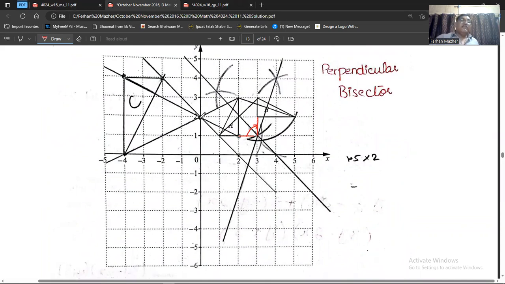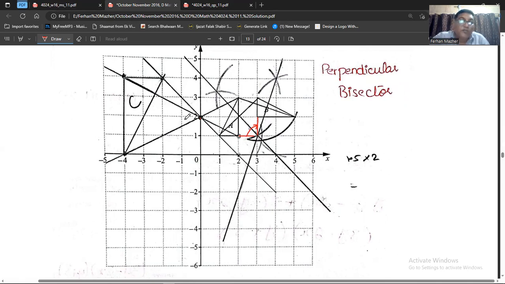So I will join this with the 3 vertices of triangle A. I will prolong these lines in both directions. I will prolong this line, I will prolong this line. I will check how much this distance is and multiply it by -2. With the help of a scale, I will check how much this is multiplied by 2.